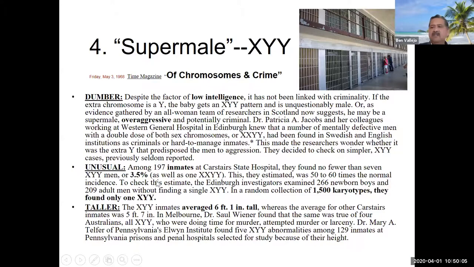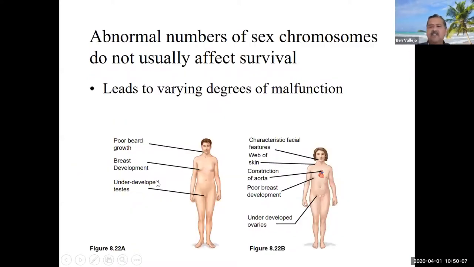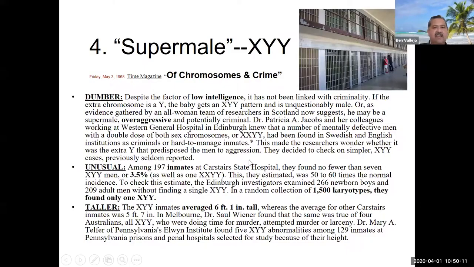It's unusual, and you can see over here that it's a very low percentage. Out of 1,500 karyotypes, they only found one person who was XYY in a population, looks like in the UK. And they're typically taller than usual.